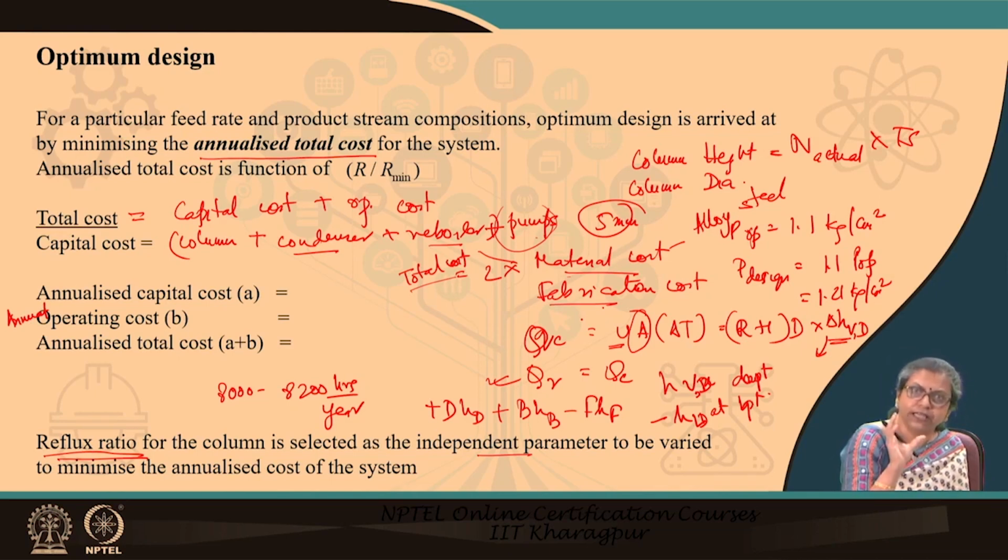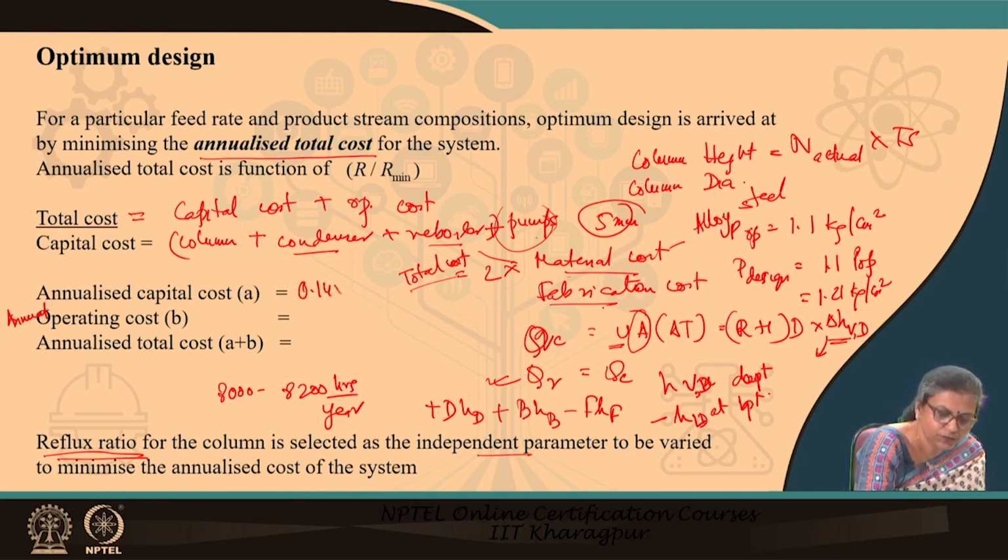Right. Now, this total cost, from where do you get it? You either have to take a bank loan, and in that case, depending upon the loan rate, which is more or less between 12 to 14%, the annualized capital cost is nothing but 0.14 into the capital cost.